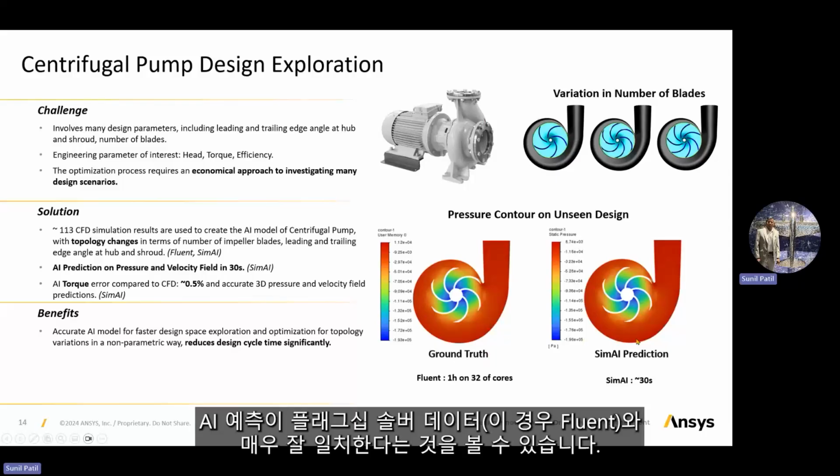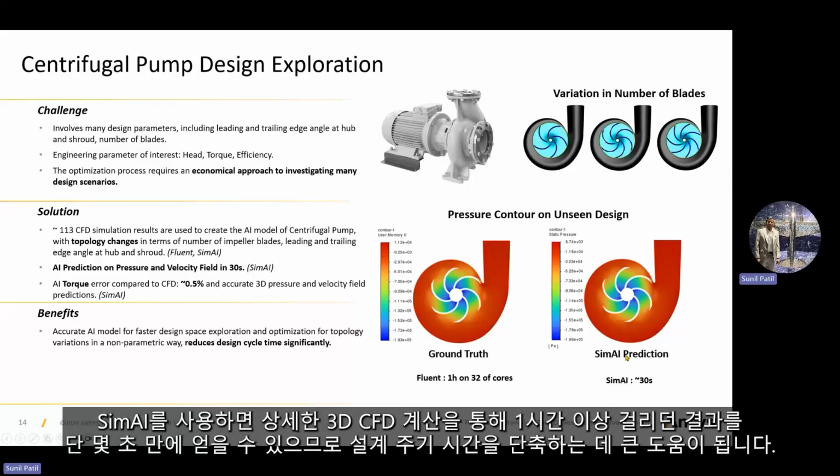And the clear advantage you can see with SimAI is that you get results in a matter of seconds as opposed to more than an hour with the detailed 3D CFD calculations.